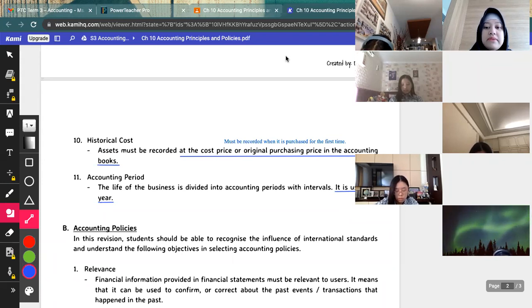It will be discussed more in chapter 12. But the cost of the premises from year to year will be the same, the cost only. Clear enough? Warren?